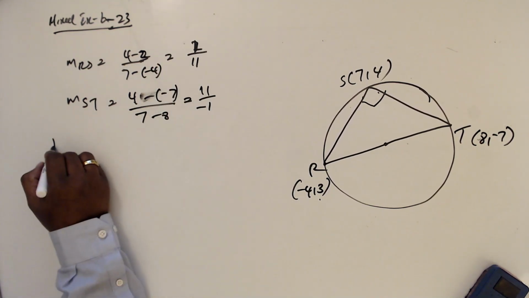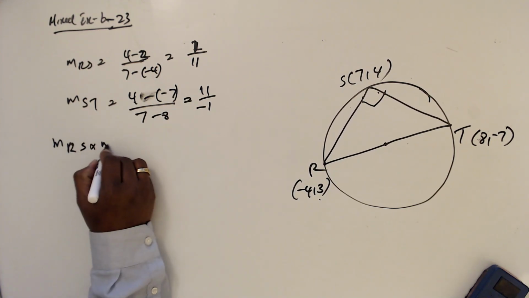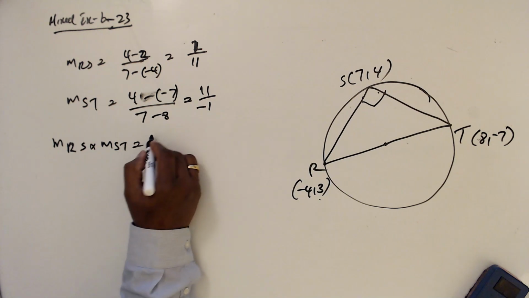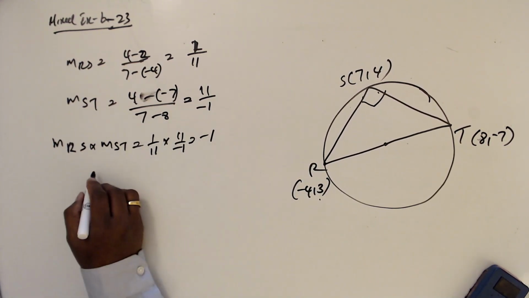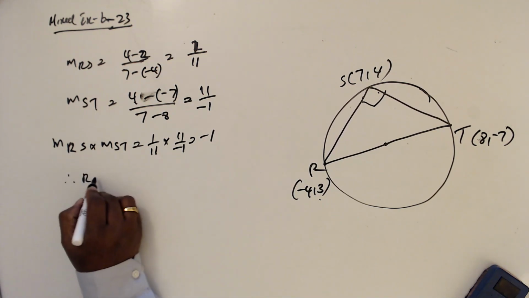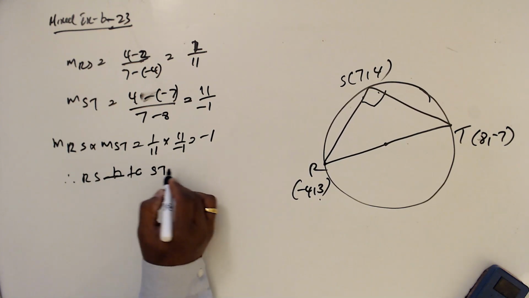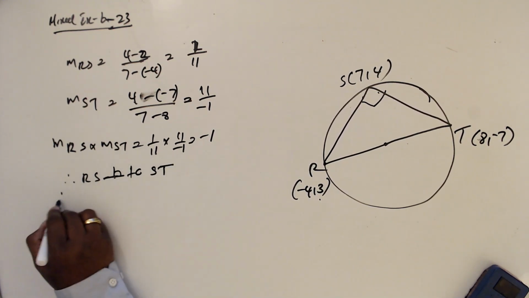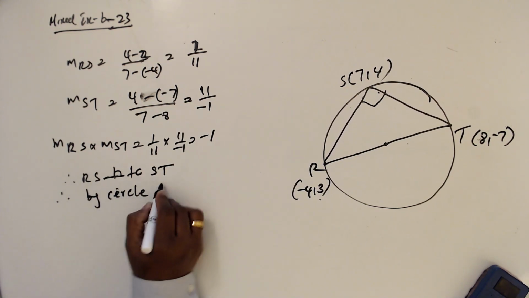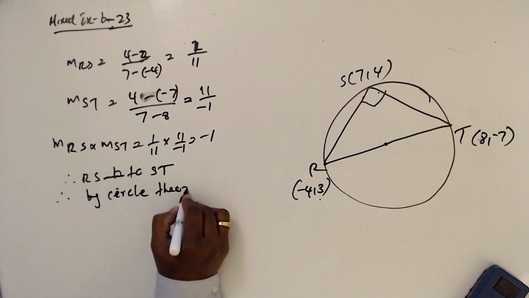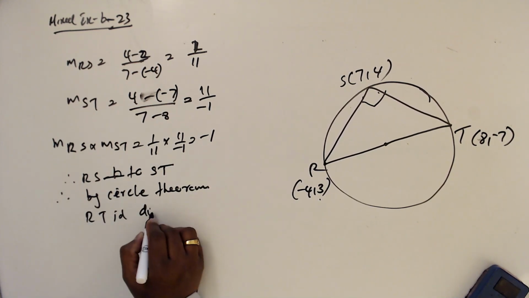So we'll multiply: m_RS times m_ST equals 1 over 11 times 11 over minus 1 times 1, which is minus 1. Hence RS is perpendicular to ST. Hence by circle theorem, RT is a diameter.